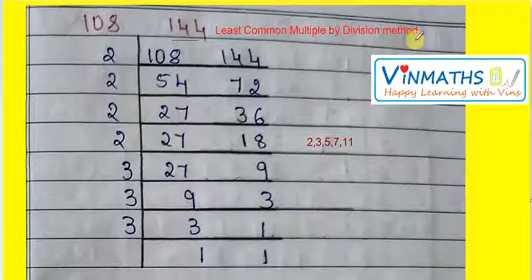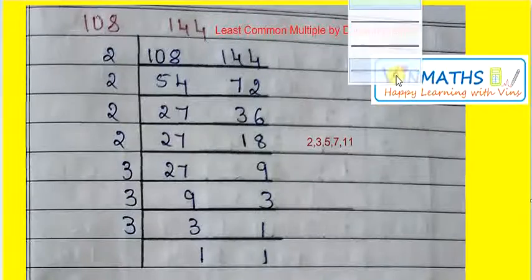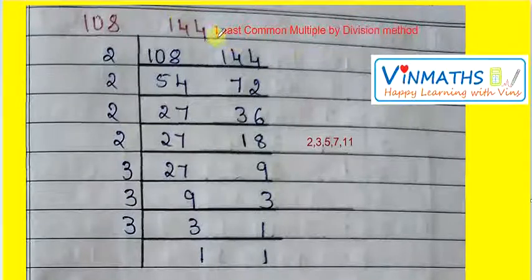Least common multiple means we should know that it is the smallest common multiple, which means it has to be a multiple of both the numbers. They are asking you to find the smallest common multiple of these two numbers by the division method.